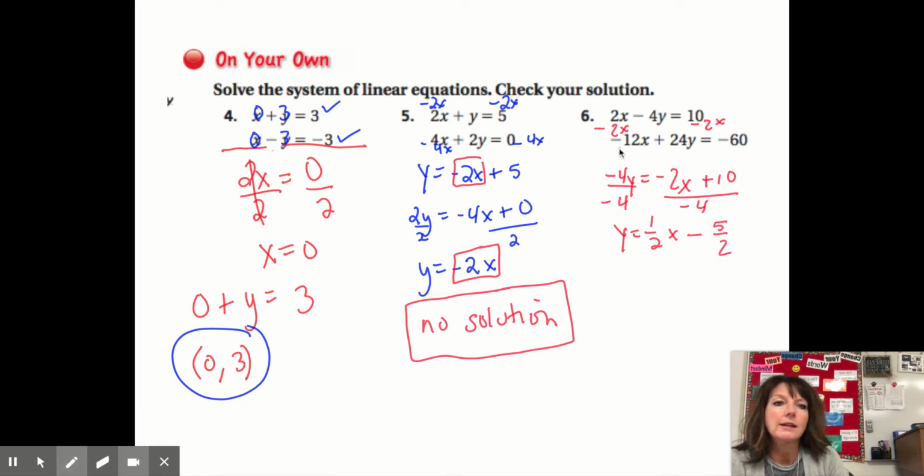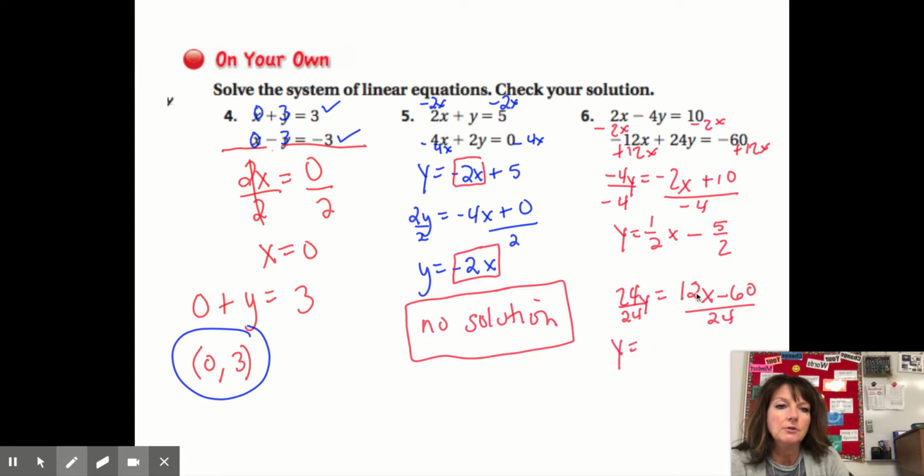Okay. Now add 12x. So then I have 24y is equal to 12x minus 16 divided by 24.